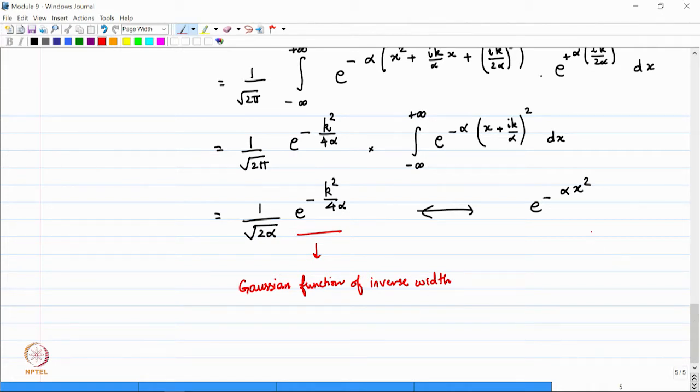So, what that means is that if your initial function is a Gaussian, so if my f of x is a very narrow Gaussian, okay, then f tilde of k will look like a very wide Gaussian.